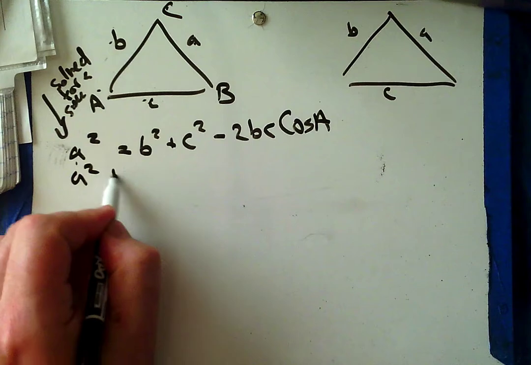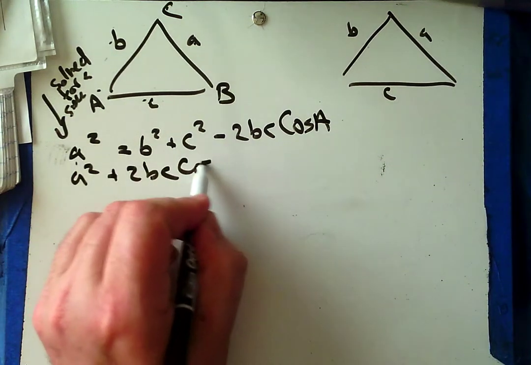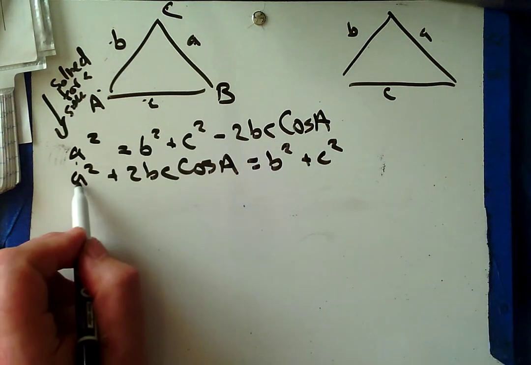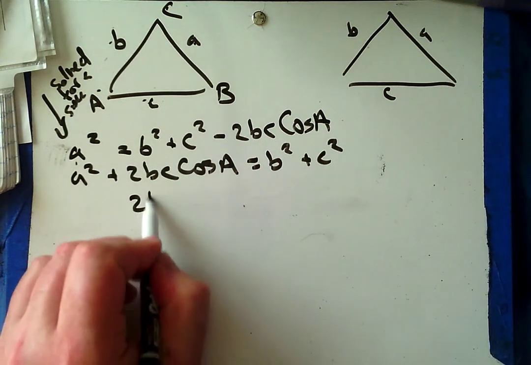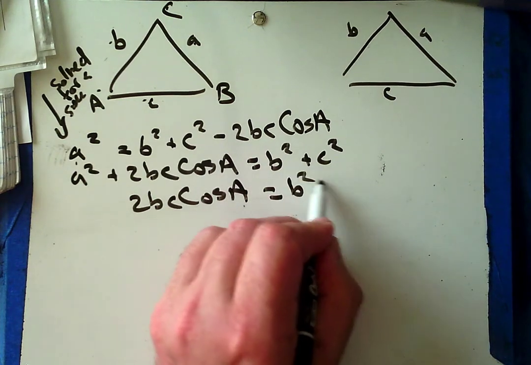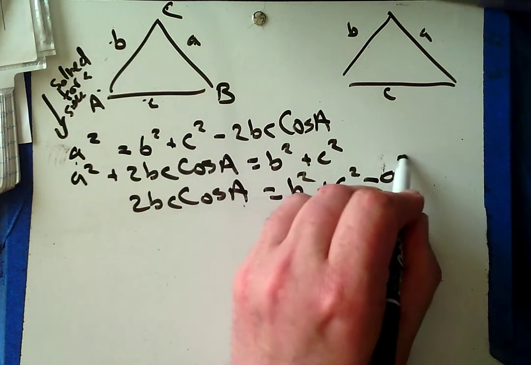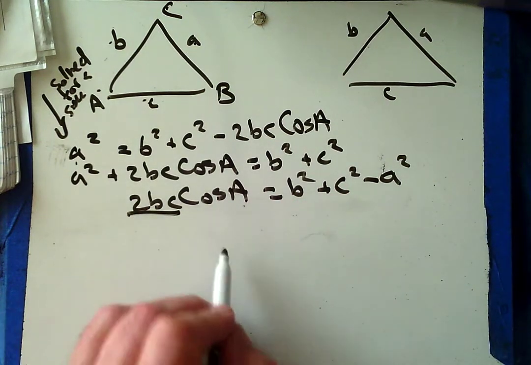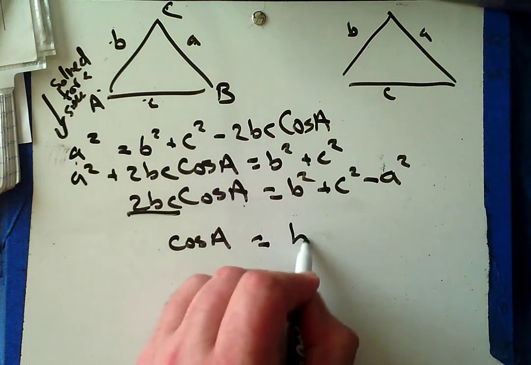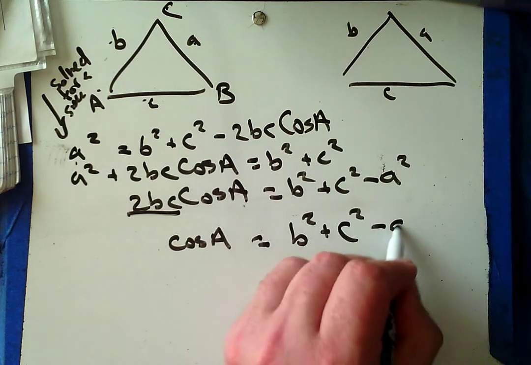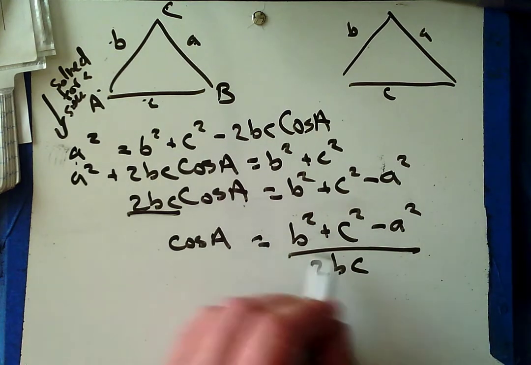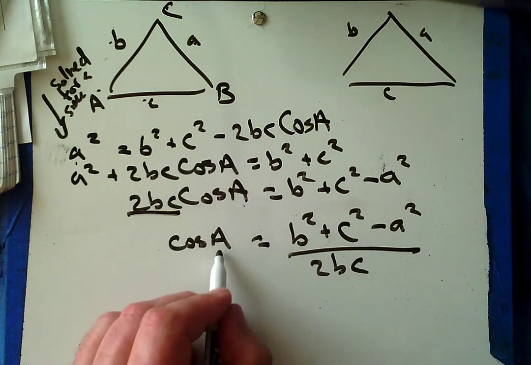We'll have a squared plus 2bc cosine a equals b squared plus c squared. We'll subtract the a squared from both sides. 2bc cosine a equals b squared plus c squared minus a squared. And then we'll divide by all the stuff that's not cosine a. So cosine a equals b squared plus c squared minus a squared over 2bc.